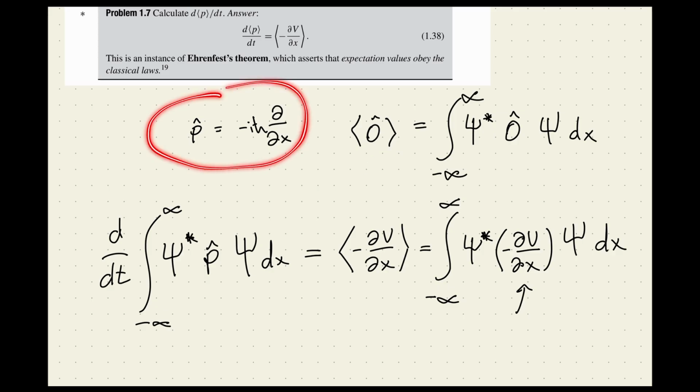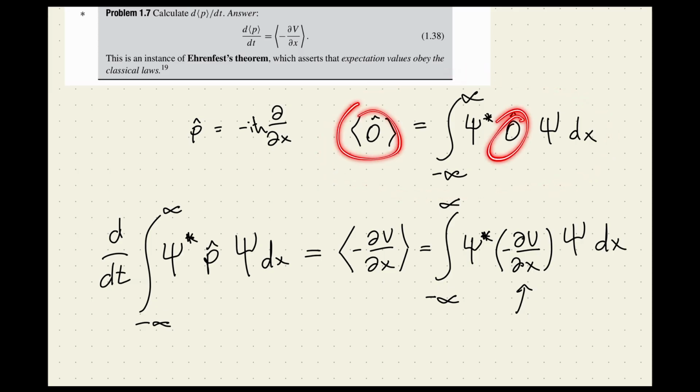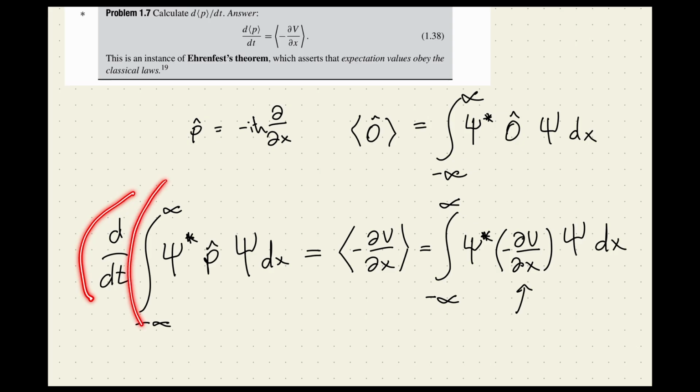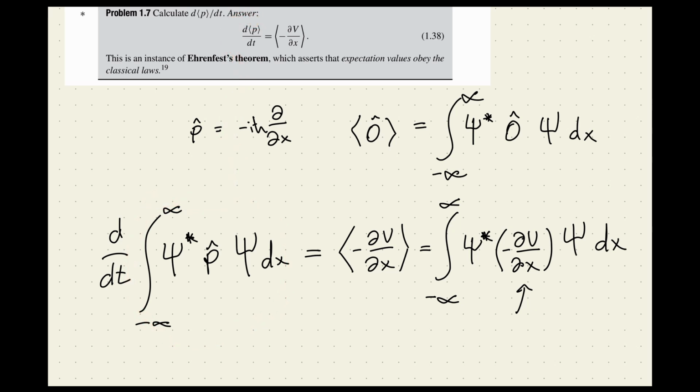So we have the momentum operator, and if we use this general form of finding expectation values of operators, just this part is how you can find the expectation value of the momentum operator. Then if we take this time derivative, Ehrenfest's theorem tells us that it should be exactly equal to this, which is equal to this. Okay, how do we do this?